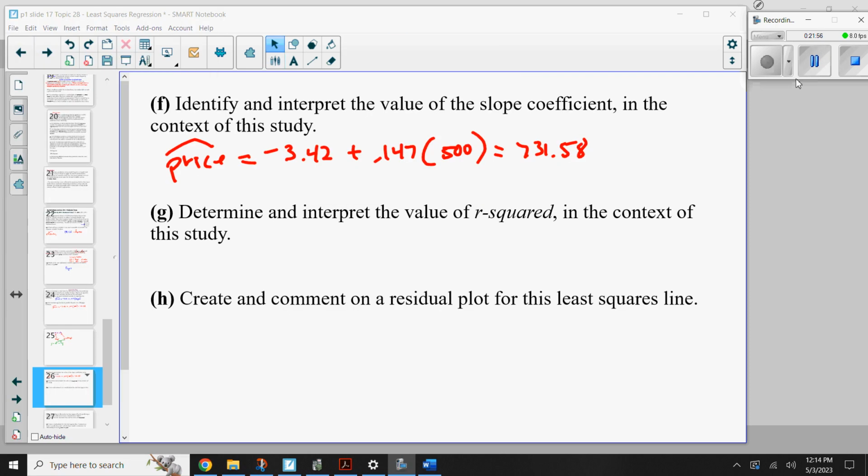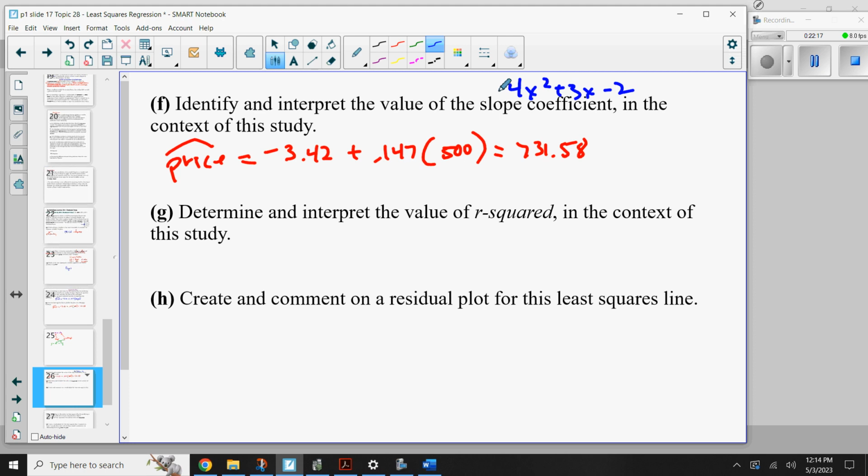So the next part says, identify and interpret the value of the slope coefficient in the context of this study. So again, going back to our old algebra work, if I had something like 4x squared plus 3x minus 2, the coefficient is the number that's attached to the variable.